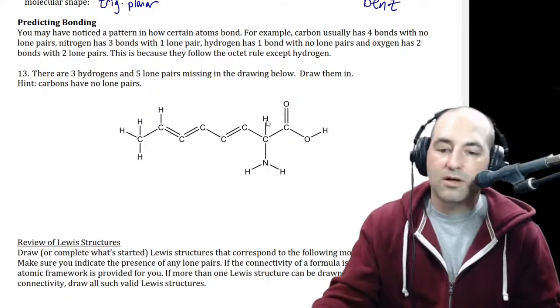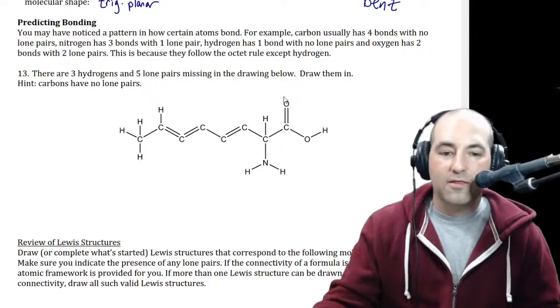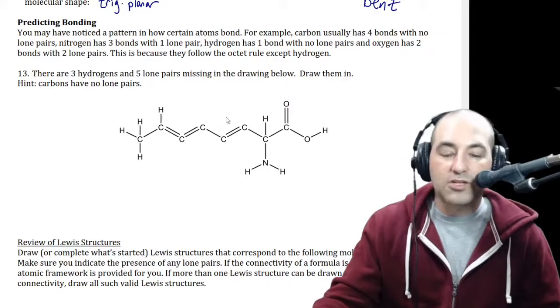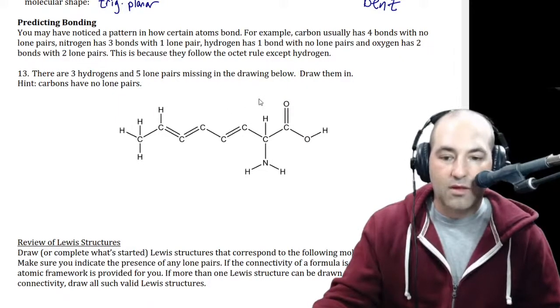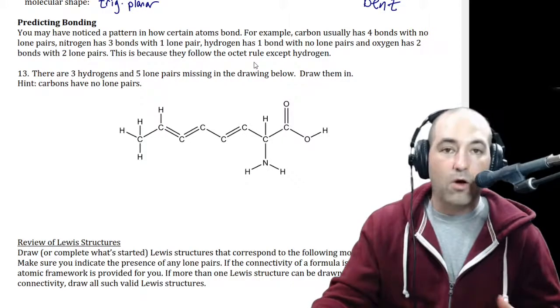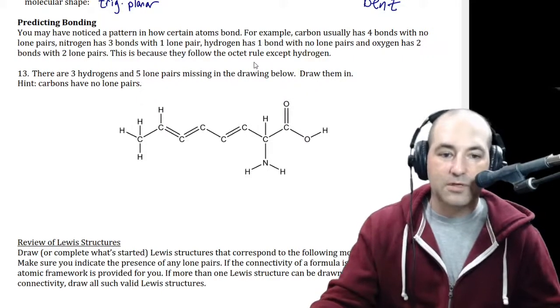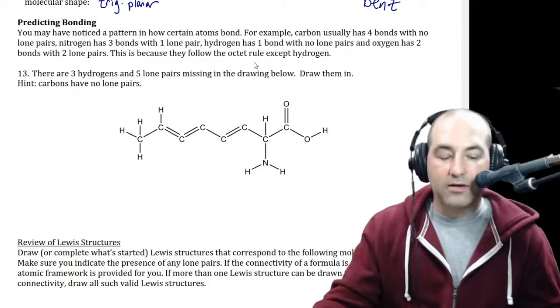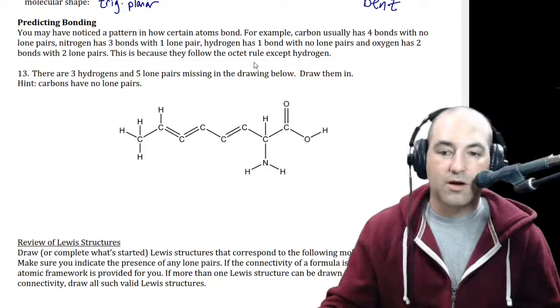How do you handle that? The answer is that you look at each individual atom and you try to just figure out what's going on based on history and based on common patterns. Now, you might not always be right because there's always exceptions. But we can use common patterns to get most of the way there and be at least mostly right and maybe totally right.